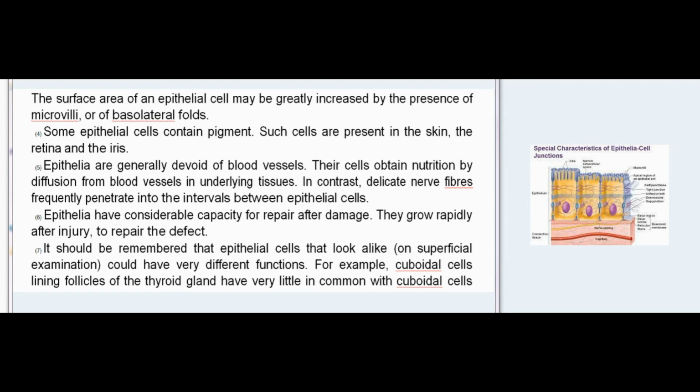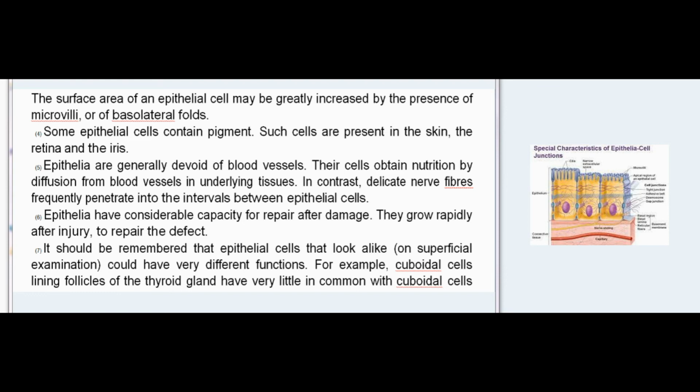4. Some epithelial cells contain pigment. Such cells are present in the skin, the retina, and the iris. 5. Epithelia are generally devoid of blood vessels. Their cells obtain nutrition by diffusion from blood vessels in underlying tissues. In contrast, delicate nerve fibers frequently penetrate into the intervals between epithelial cells. 6.